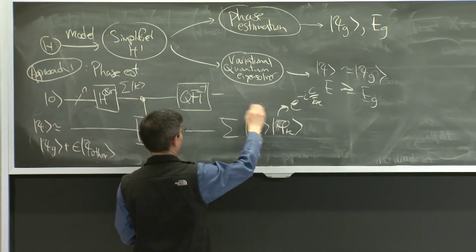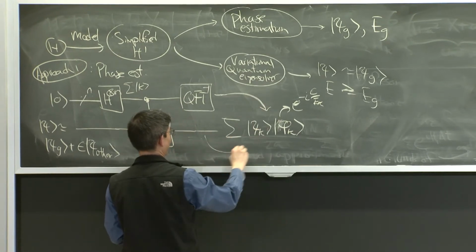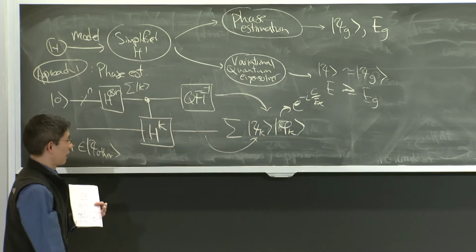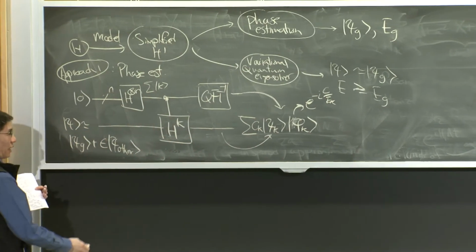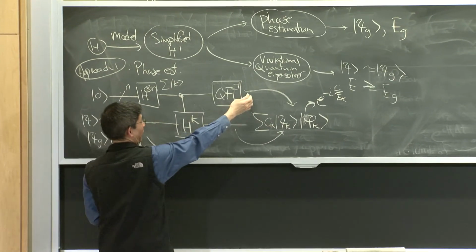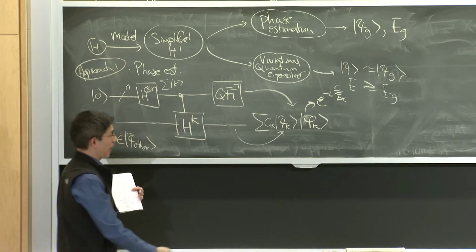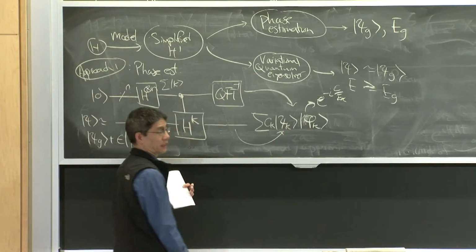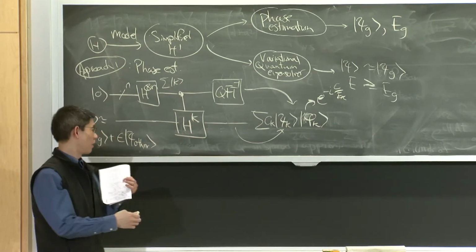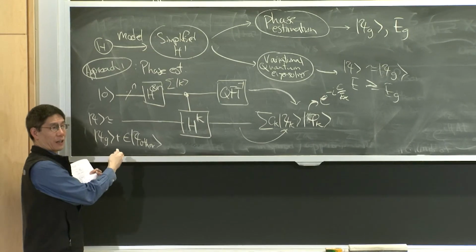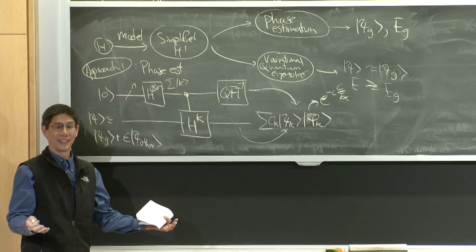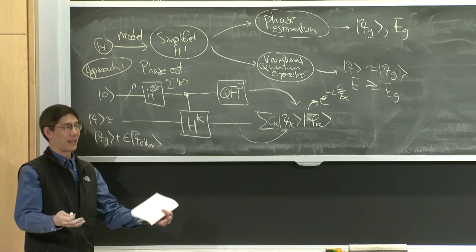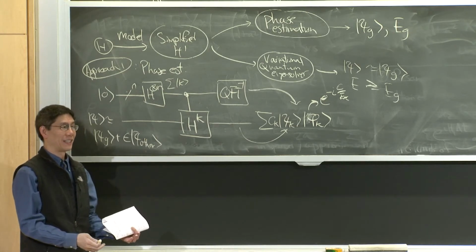This is the top register and this is the bottom register. And there are some coefficients. And when you measure this top register after the quantum Fourier transform, you collapse into an eigenstate down here. And if your initial overlap is sufficiently large, so epsilon is small, then you get the ground state that you desired. And you will have a measure which is the energy eigenstate.